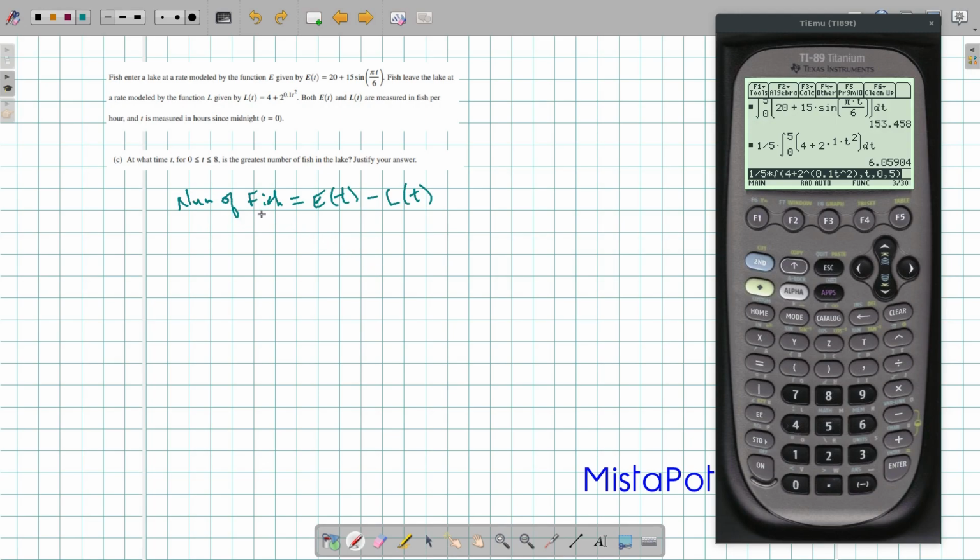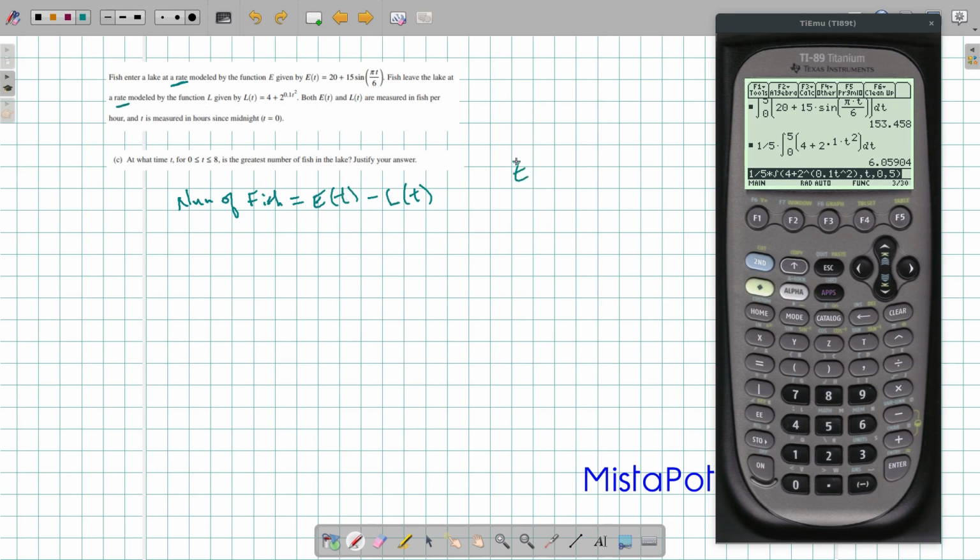So I need to figure this out, and where do critical points happen? Critical points are where our derivative is equal to 0. So I need to figure out what this derivative is, and where it's equal to 0. This is already a derivative because it is the rate modeled by the function. Similarly, L is a rate.